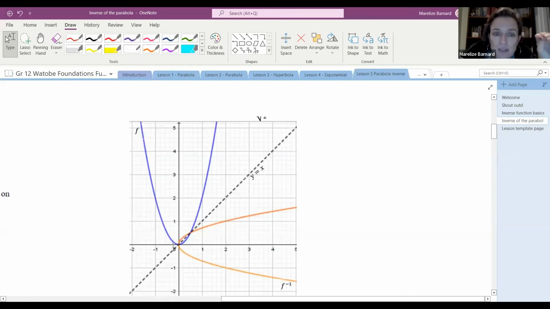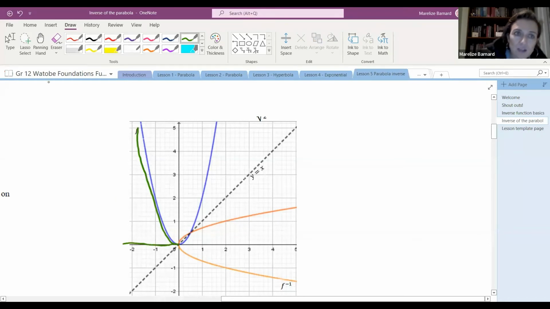Okay, so just make sure that you have your head around it, because some of you gave some not quite right answers for the domain and range. Okay, so if I look on this side of my parabola, look at my x values. My x values are negative.